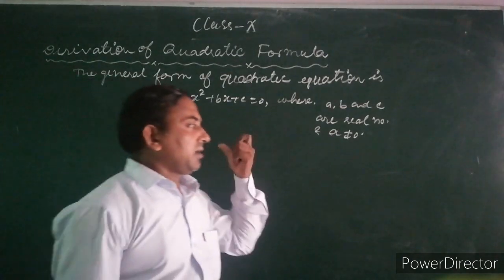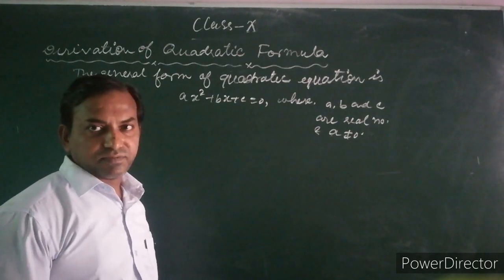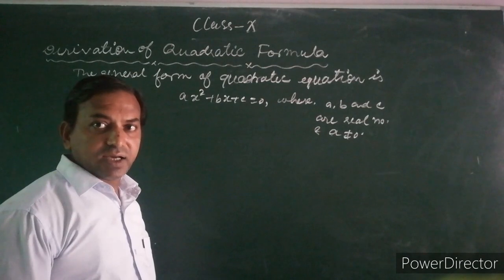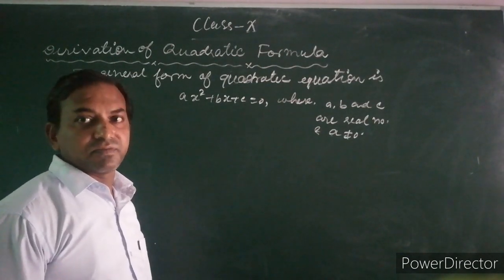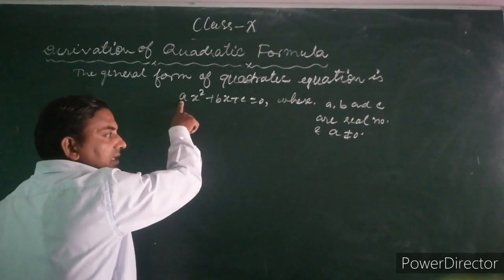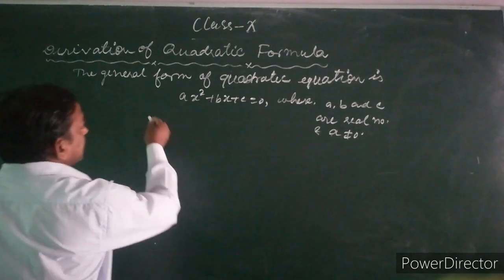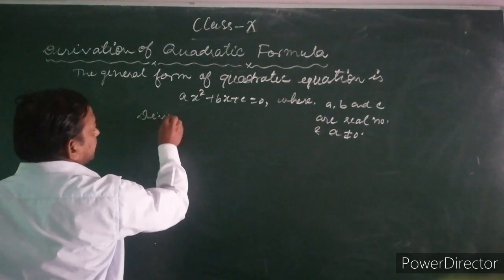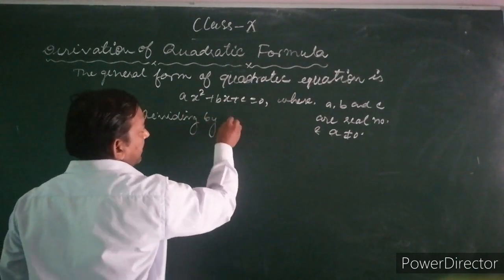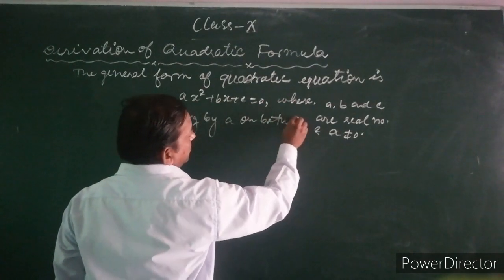What is the method of completing the square? Means how can you make a perfect square? To make a perfect square, first of all, the coefficient of x square must be equal to 1. Here the coefficient of x square is a. First of all, we divide this equation by a on both sides.